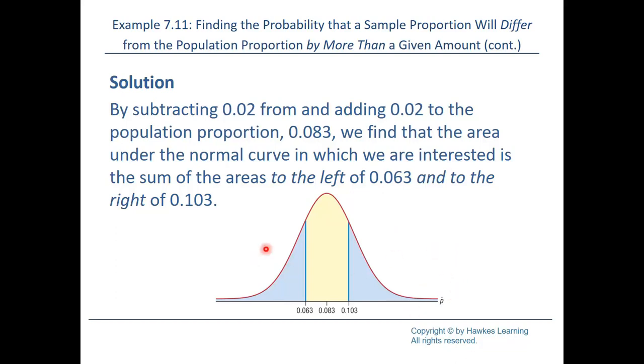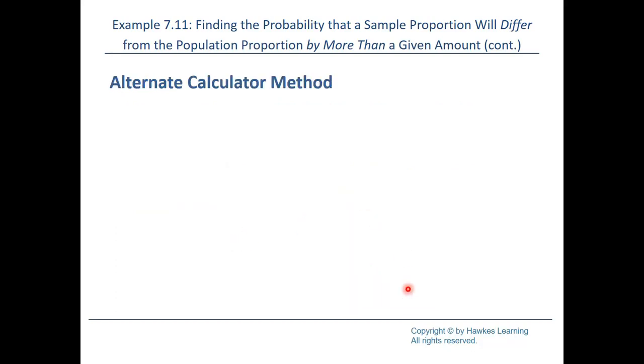Now, with this one here, this is going to be a little bit different with using our calculator, because in this case here, you notice I have a lower bound, an upper bound, and then I have another lower bound and another upper bound. You can either take this as two different problems and add those answers together, or if we do this all in one step, I can actually find the complement area and then subtract that from 1.